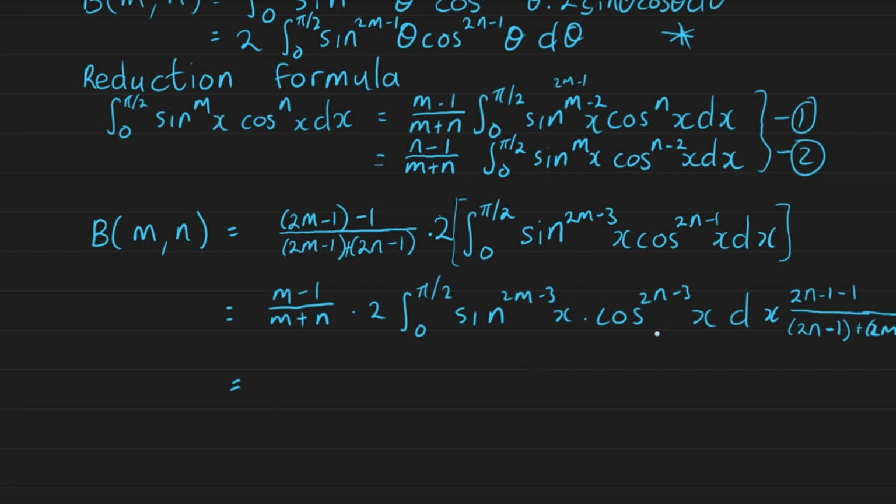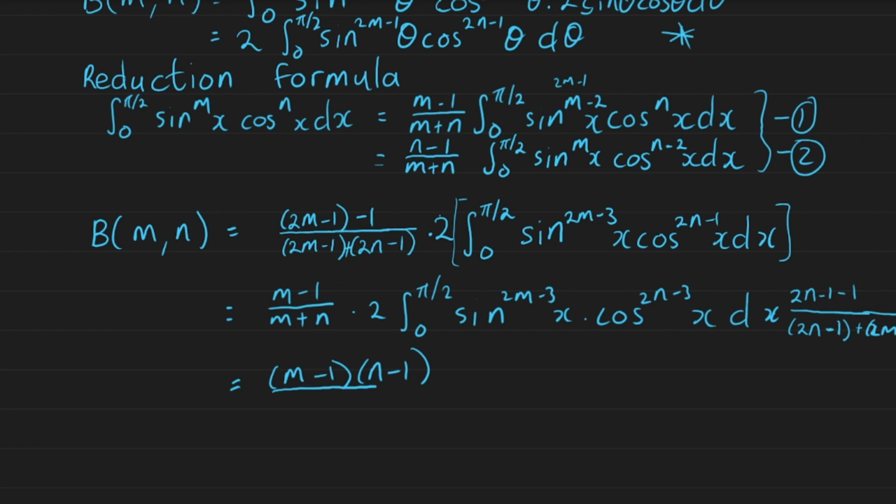So we can just write these results to make it look just a little bit nicer. And when we do that, we now have m minus 1, and we can write this 2n minus 2. Again, we do the same thing. We can cancel out all of these terms here. These 2's, we can cancel out the 2's. And when we do that, we get m minus 1, and we have n minus 1.